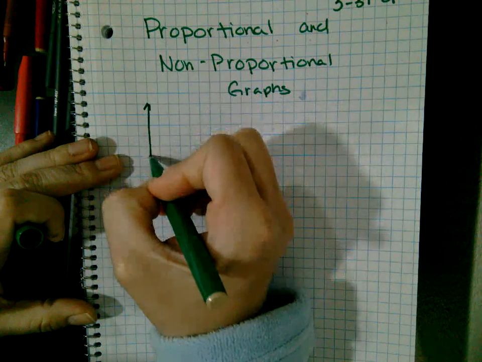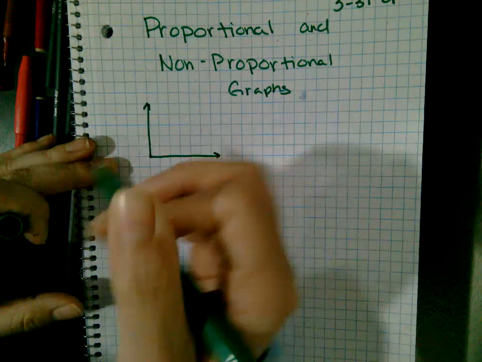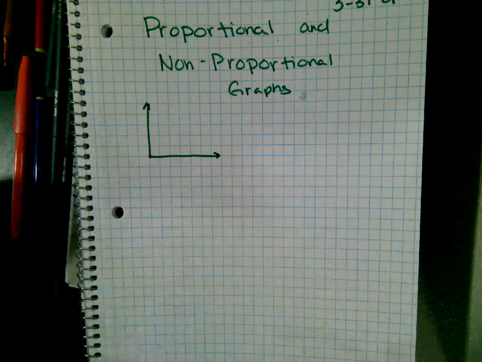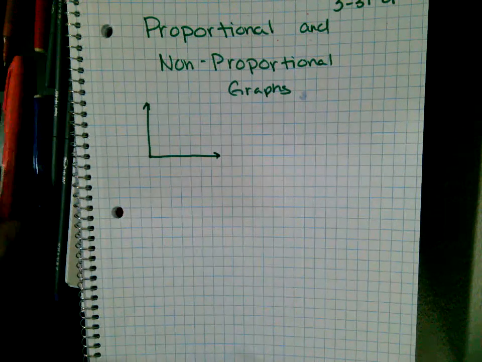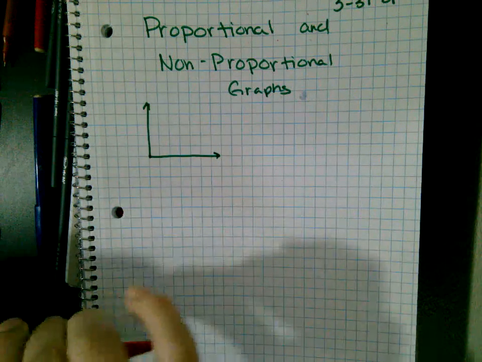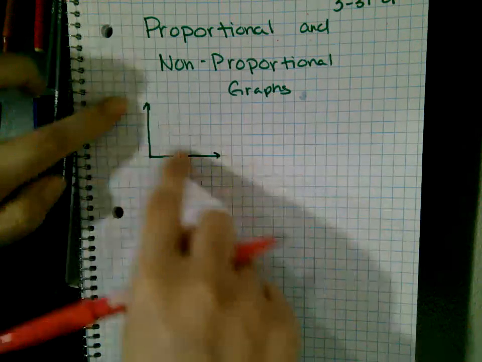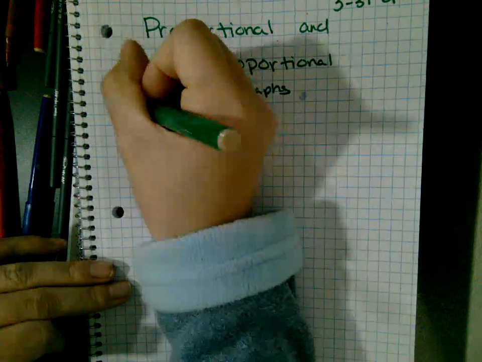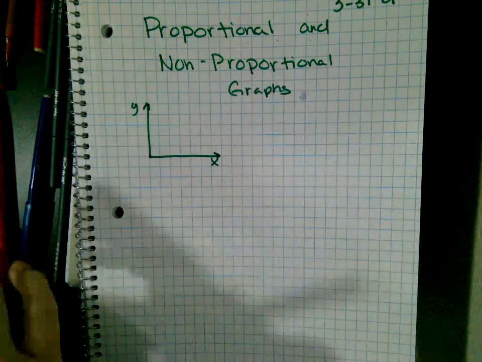What do they have in common? X and Y? Yes, they do have X and Y, but I'm talking about the actual, so this is called a coordinate plane.